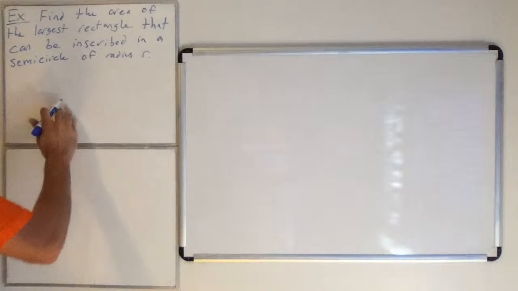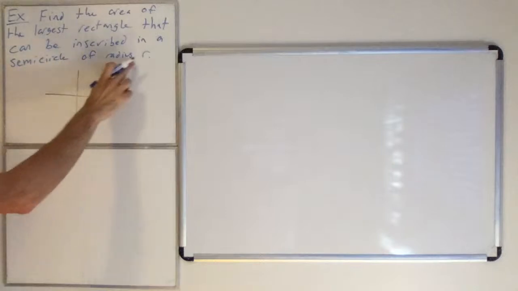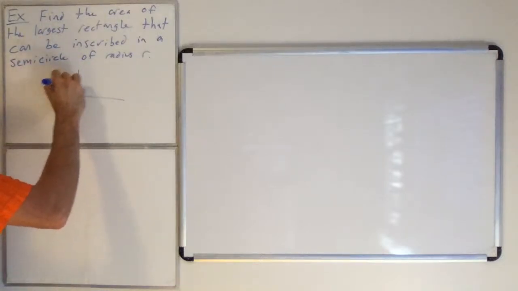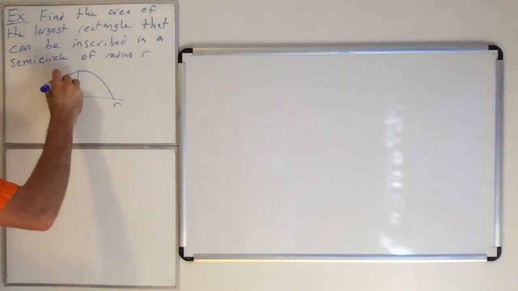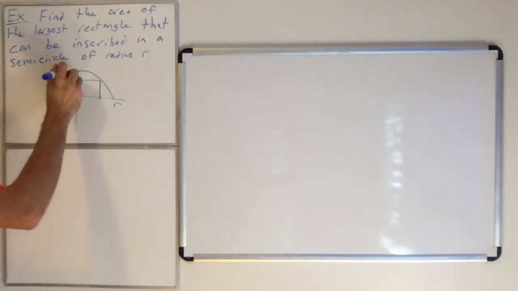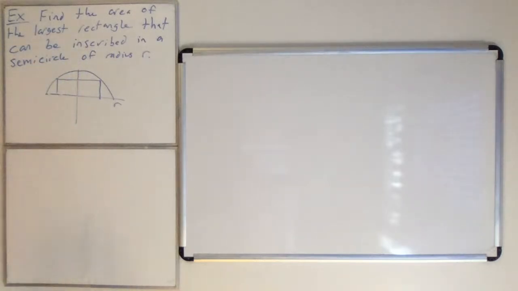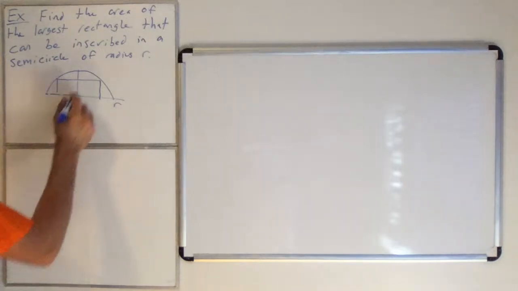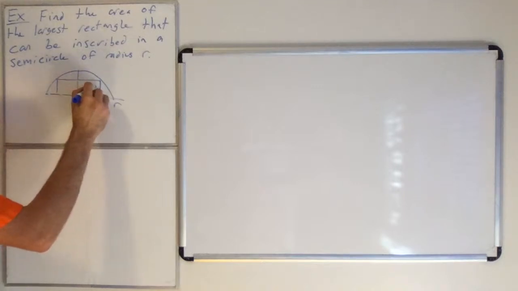Okay, so just to draw the picture, let's say here's the XY plane. We have a semicircle with radius r, and we have a rectangle inside of it. We'll say that the height of the rectangle is y.